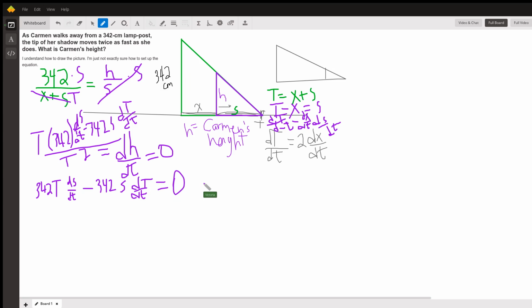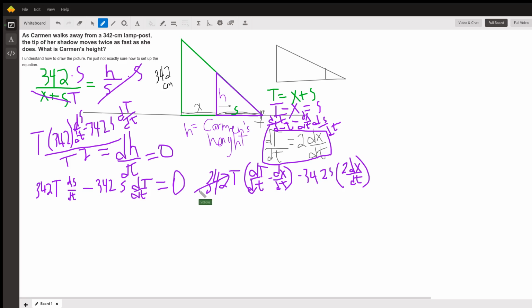And so, this is 342 T times dT dt minus dx dt, because that's ds dt, and then minus 342s times dT dt, which is 2 dx dt, right? We know that dT dt is this.